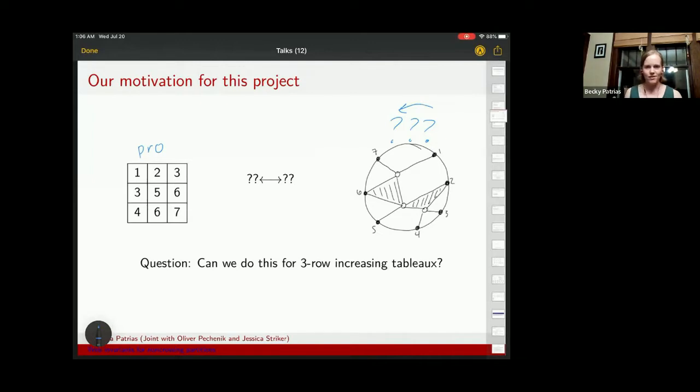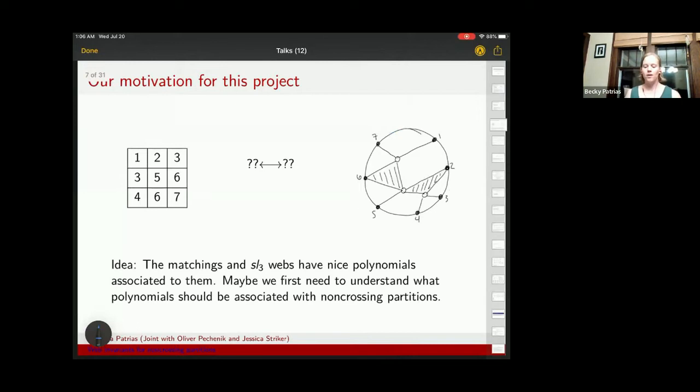We thought about this for a while and kept circling around and not getting what we needed. So we thought, let's just take a step back, and maybe we can fill in some other information that will help us. I didn't tell you all of the story with the standard Young tableaux. Those objects on the right-hand side, the matchings and the SL3 webs, have some nice polynomials associated to them.